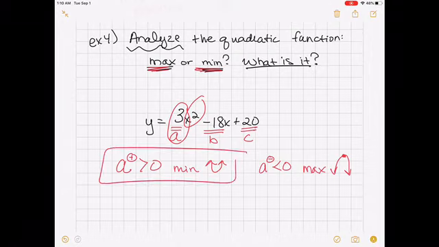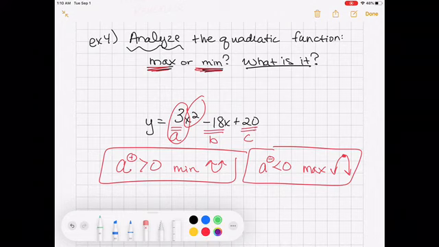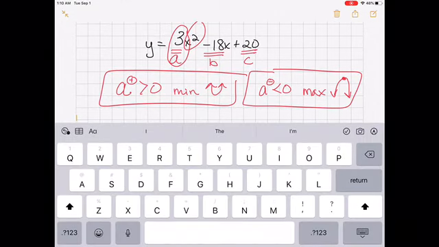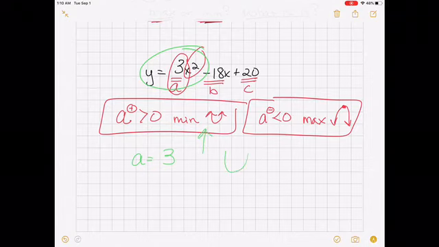We remember those two little pieces of information to help us decide which we're dealing with. So let's look at our value right here. What's our value for A? It's a positive 3. Because it's a positive 3, the function will look like a happy face, and the vertex is down here, it's low. So this is going to be a minimum value.